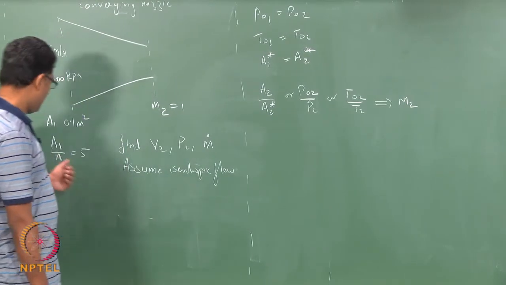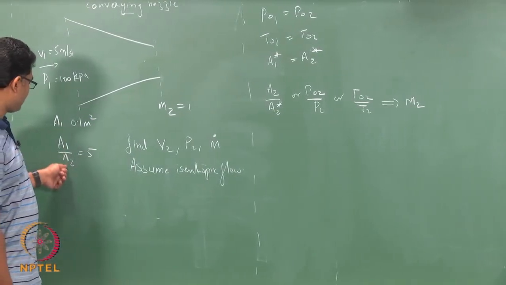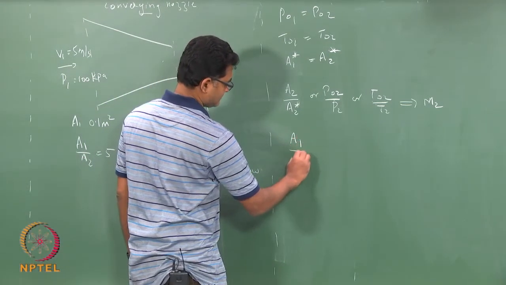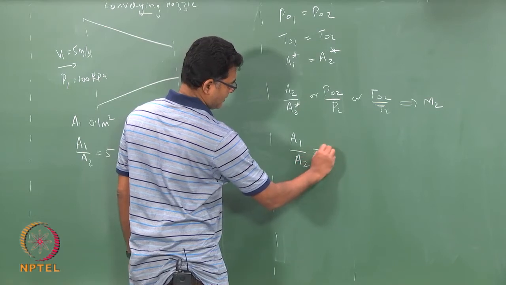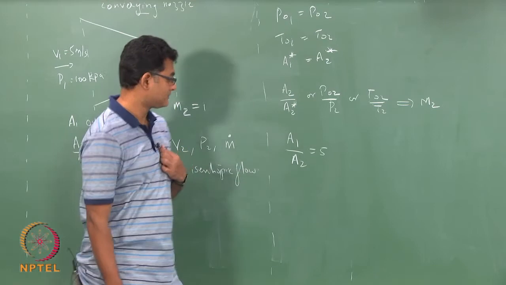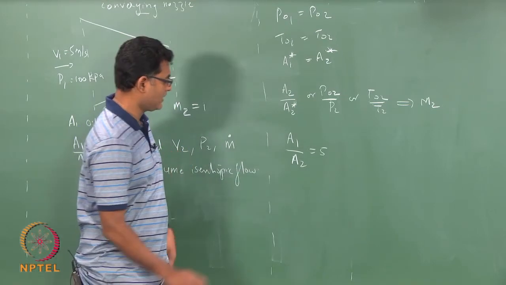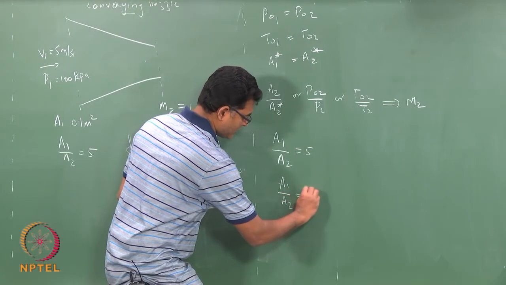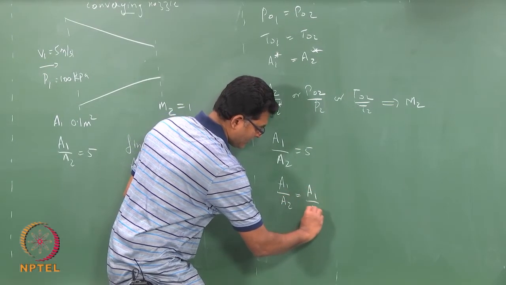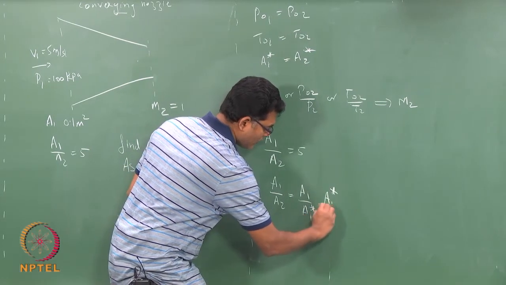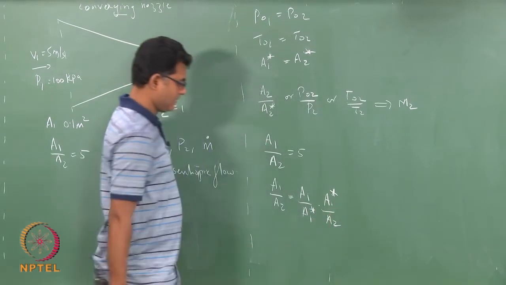Okay. So, we are given A1 and A1 by A2. So, let us try if we can get A2 by A2 star from this relation. Okay. So, A1 by A2, I can rewrite it as A1 by A1 star into A1 star by A2.